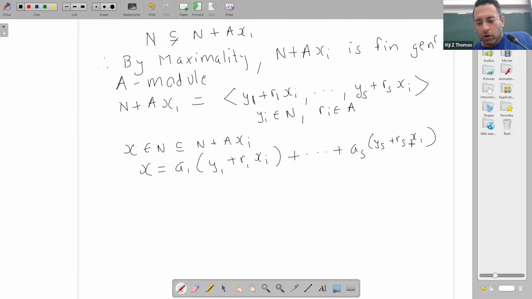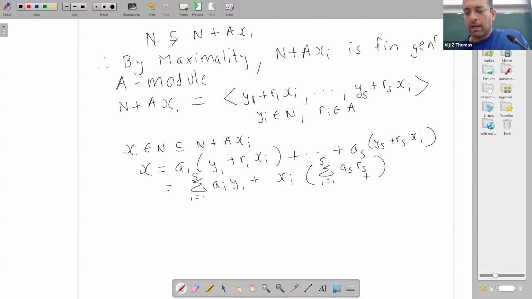Good. So this can be written as the summation of ai yi, i equal to 1 to s, plus, now this is interesting, the summation over i equal to 1 to s of ai ri, times Xi. I want to see who will answer. And this is x.